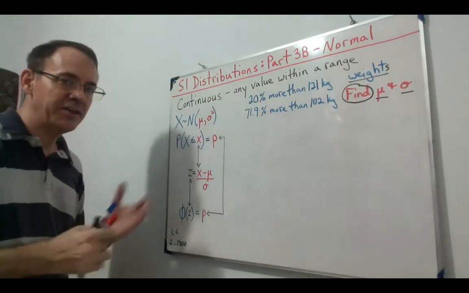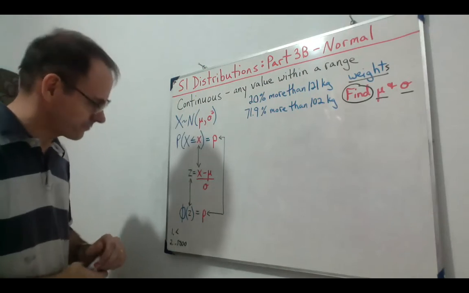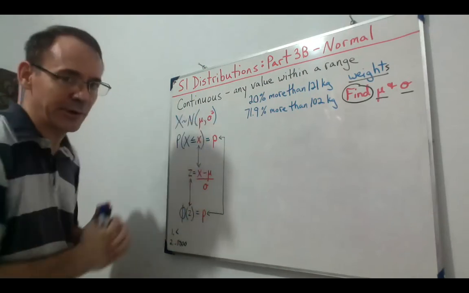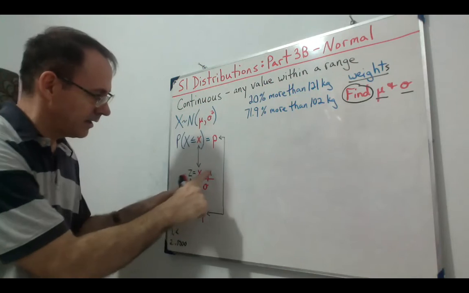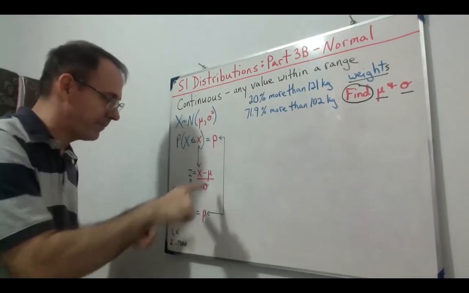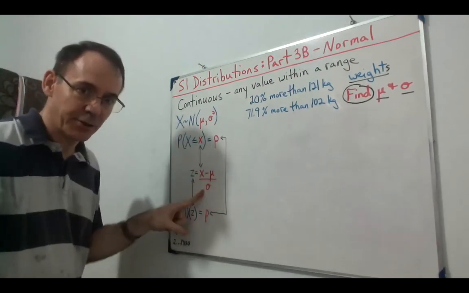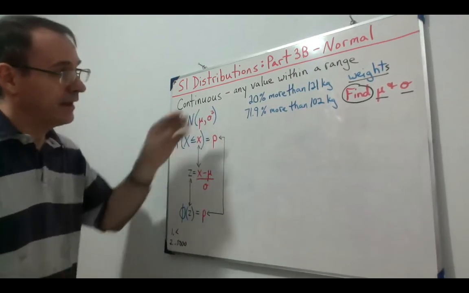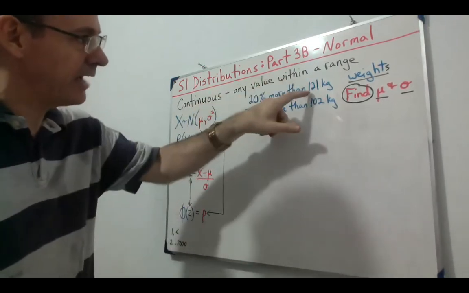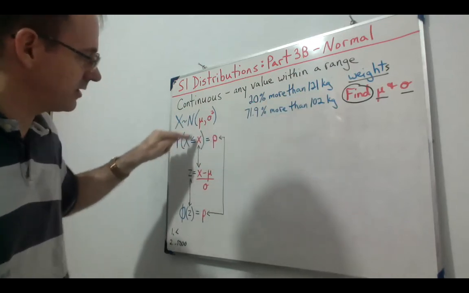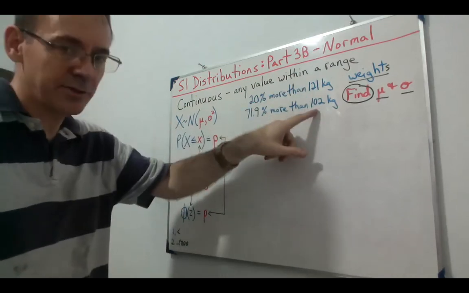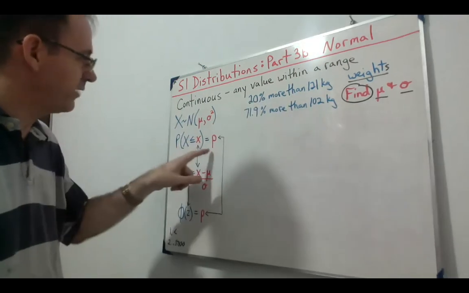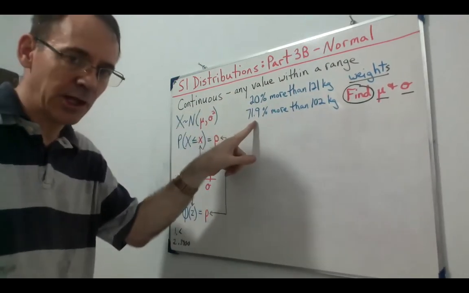So in this question, what we're doing is we're finding the parameters, which in our little map are right here in the middle. So we're working both ends to the middle. And here are both ends. We have our specific value, our little x, a particular representative weight, and we have the probability that goes along with it.